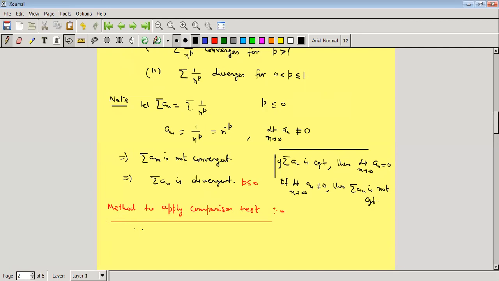If we have two series, summation an and summation bn, right, an is the nth term of the series summation an, and bn is the nth term of the series summation bn.